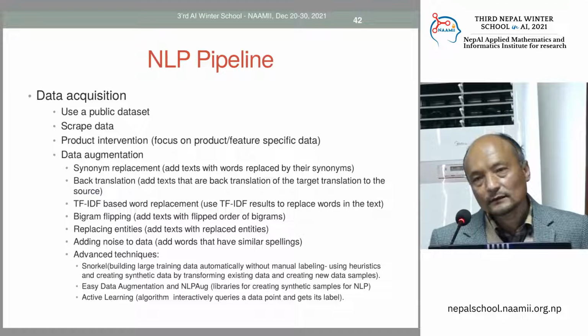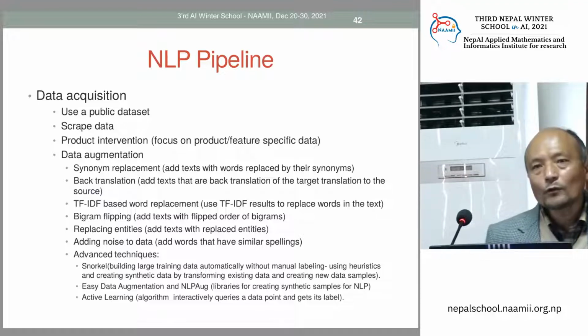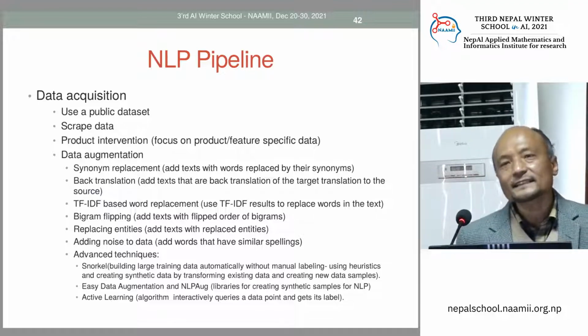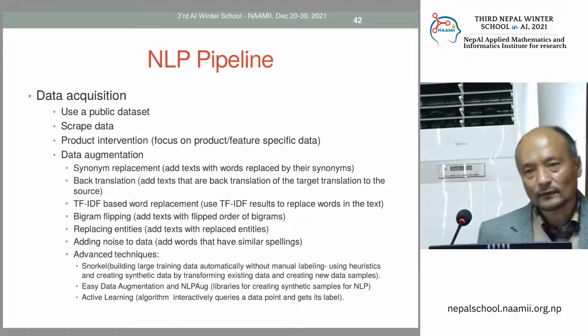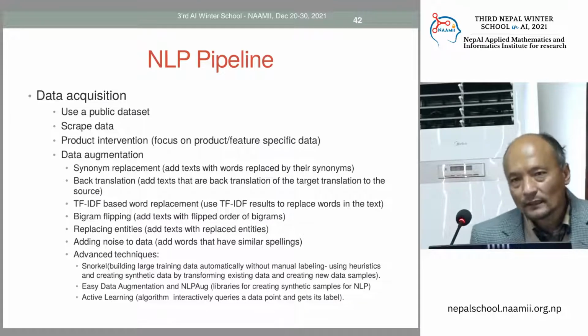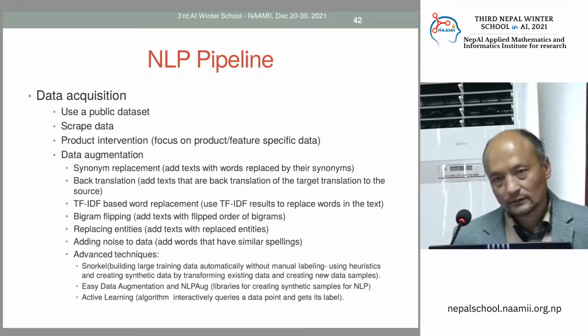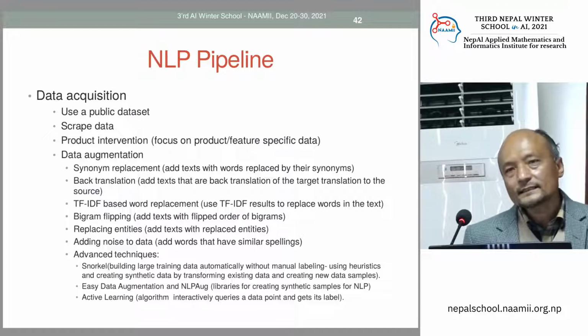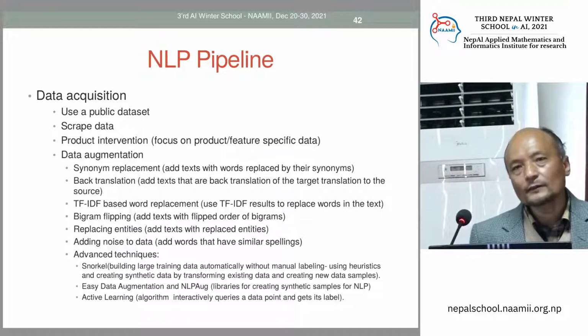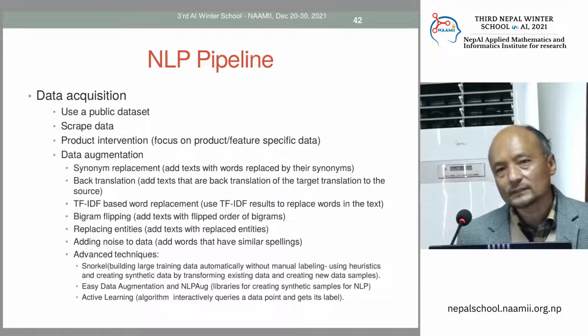So how could you increase the size of the source corpus here? For example, via back translation. Let's say you have a text in English, and you provide it to the machine translation system.